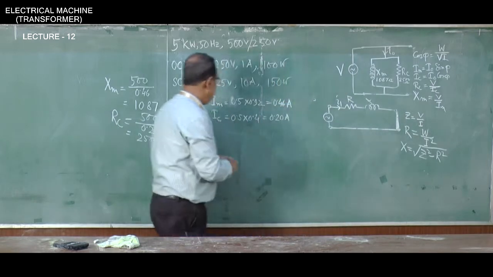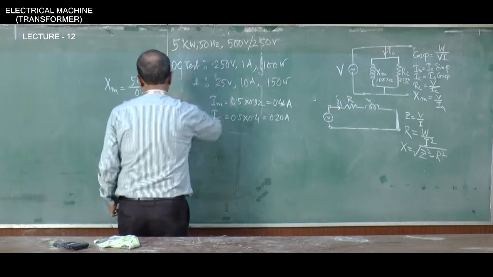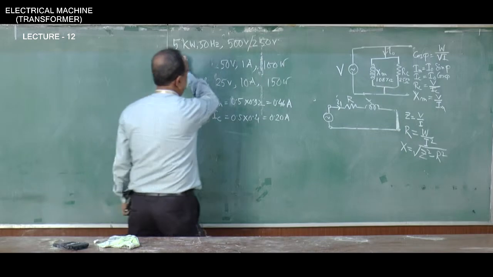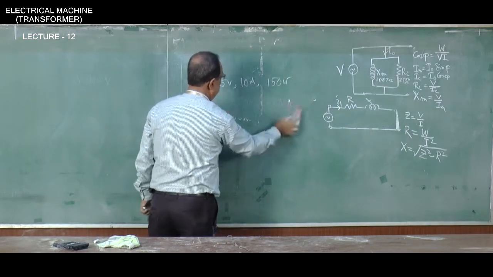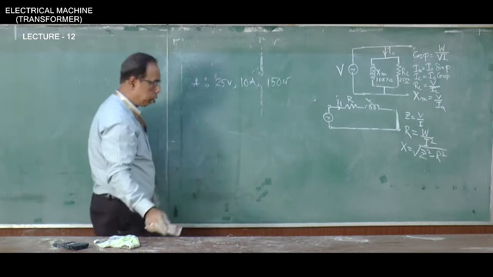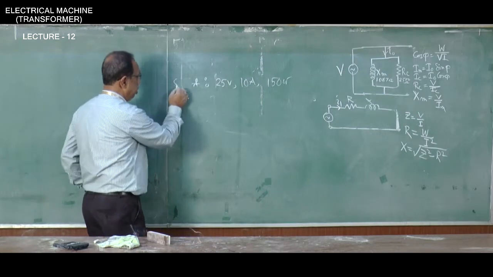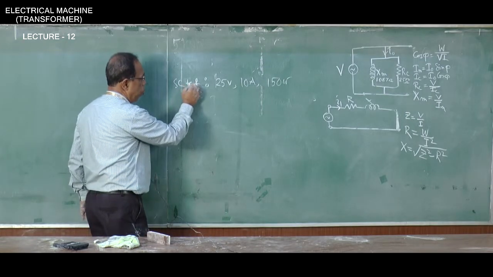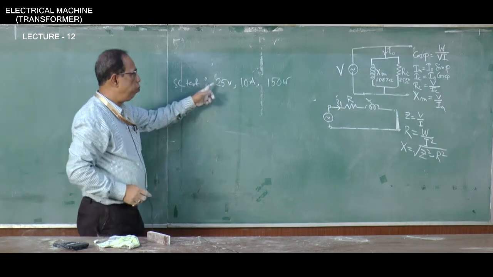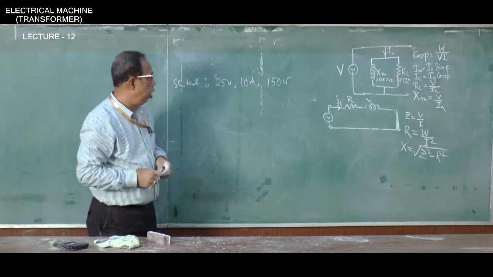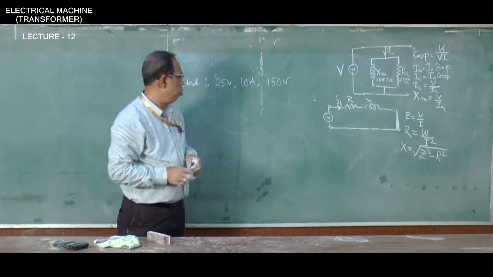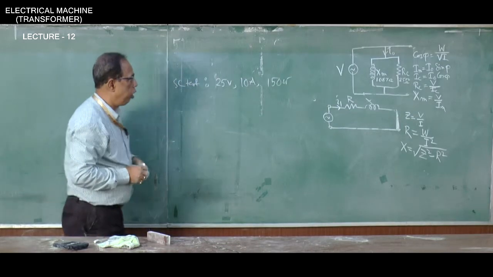Now, from the short circuit test, we will find out the series elements of the transformer. So, what is the short circuit data? SC data is 25 volt, 10 ampere, 150 watt. 25 volt is around 5% of the rated voltage.